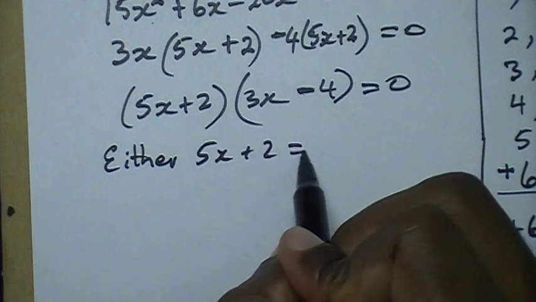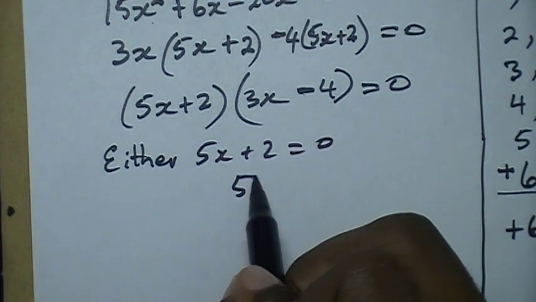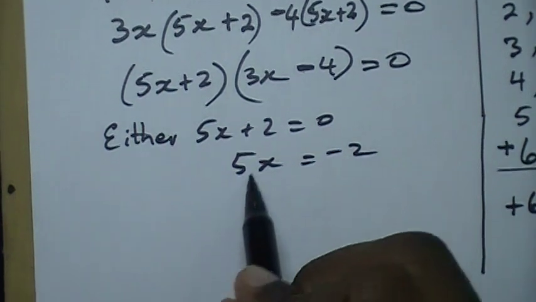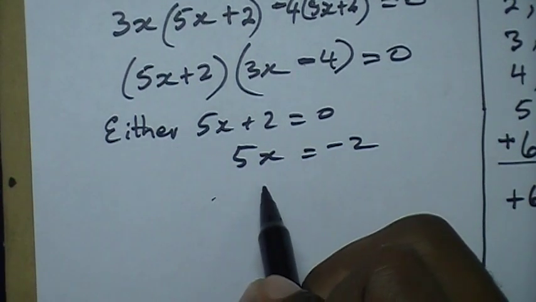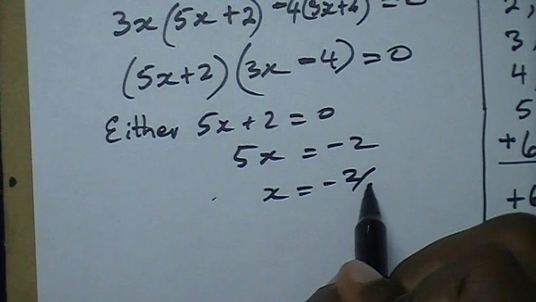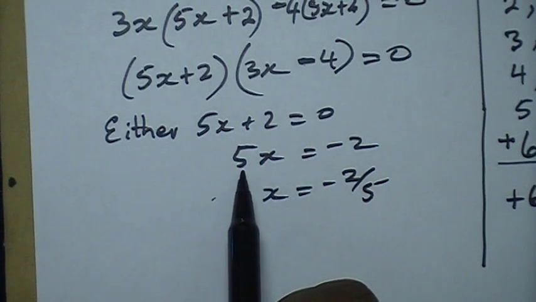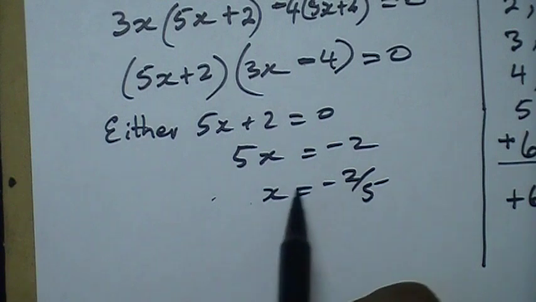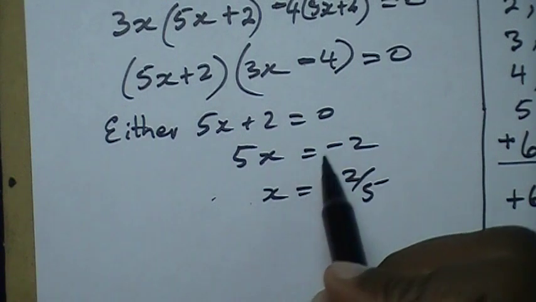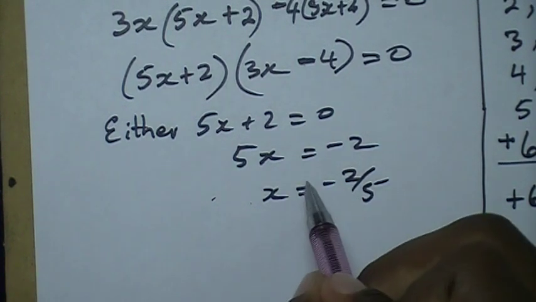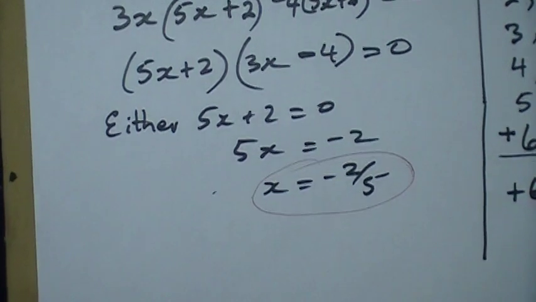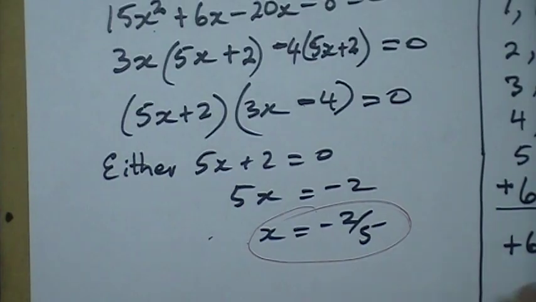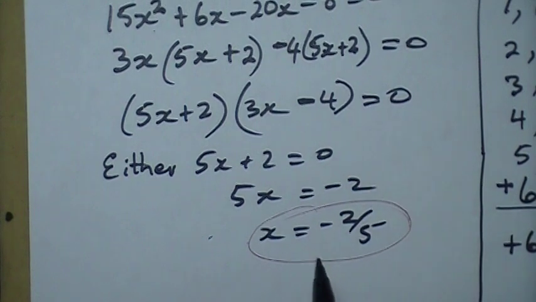So we're going to put either 5x plus 2 equals 0. Then we solve, subtracting 2 from both sides, and dividing both sides by 5. We're dividing because 5 is multiplying, so divide to get rid of it. That gives us x equals negative 2 over 5. And so we have the first solution for x. Now the next one is 3x minus 4.